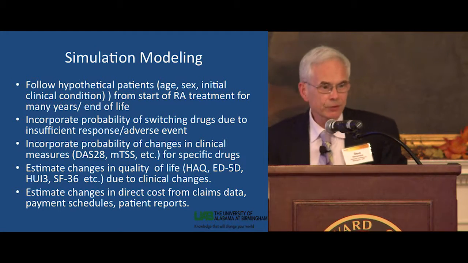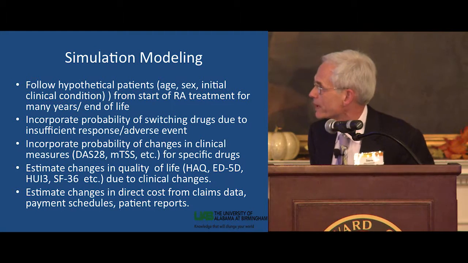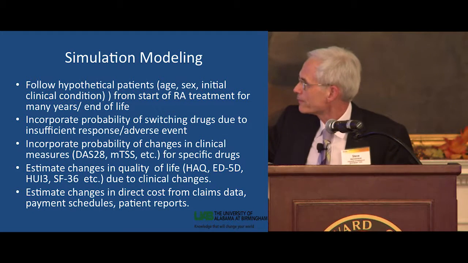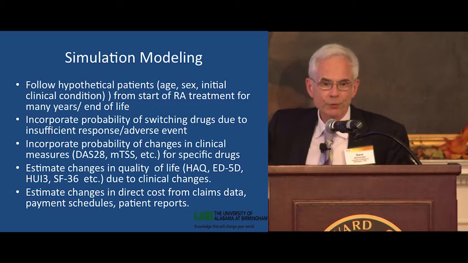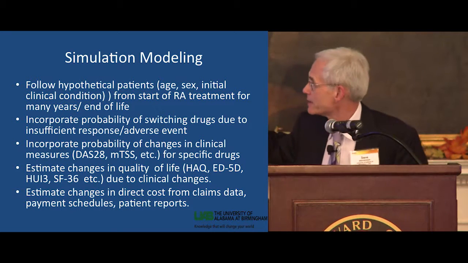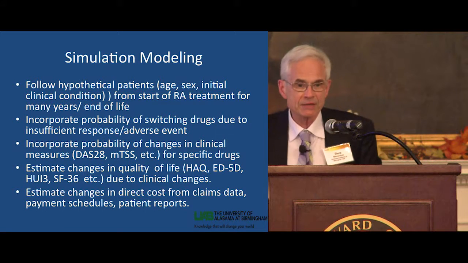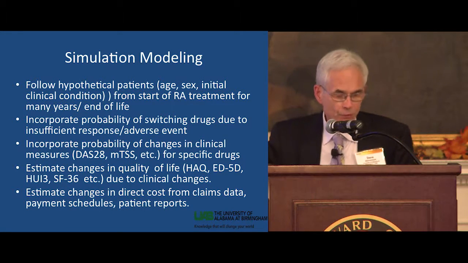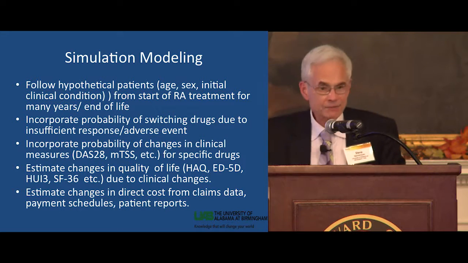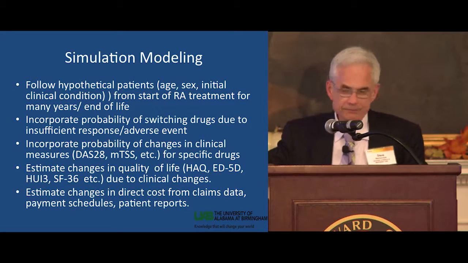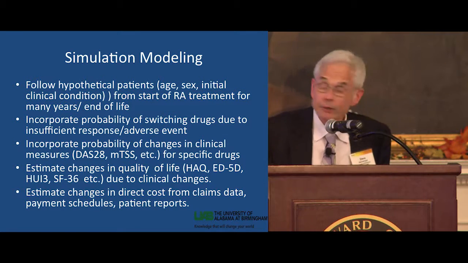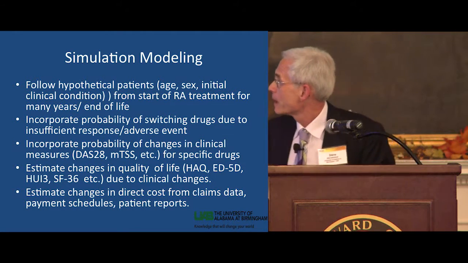And with that, you then plug in all the economic stuff, and you can estimate changes in direct costs. What you usually need at this point is to link the data set with claims data, so that you have some idea of what are the expenses that a person with arthritis has in terms of their experience with hospitalizations, visits to physicians, what have you, use of durable medical equipment, all that stuff.